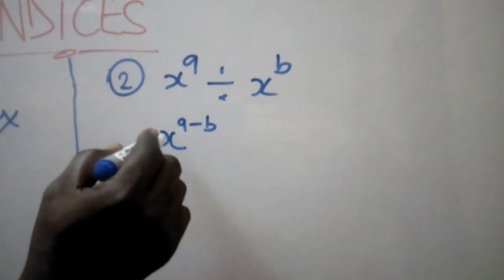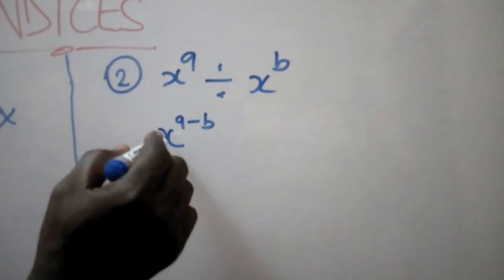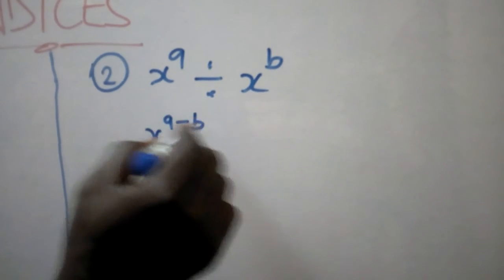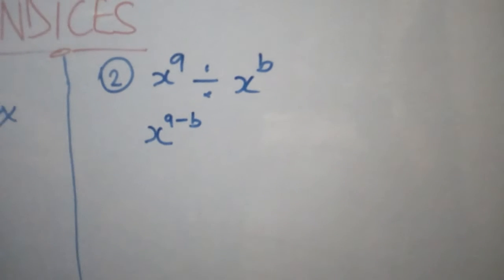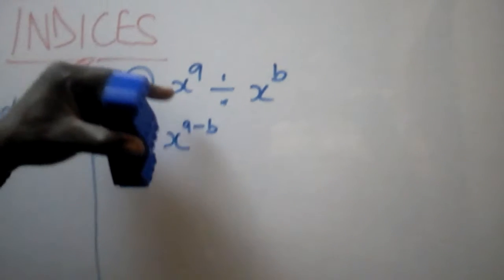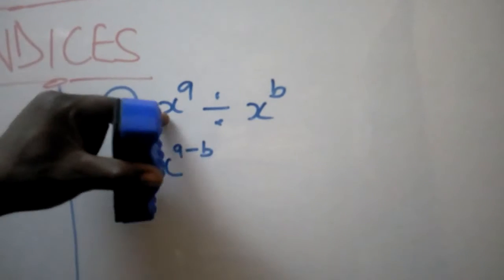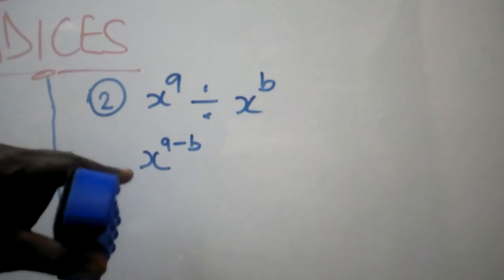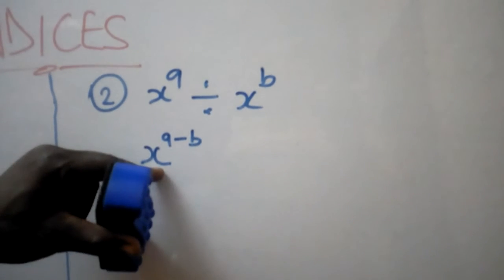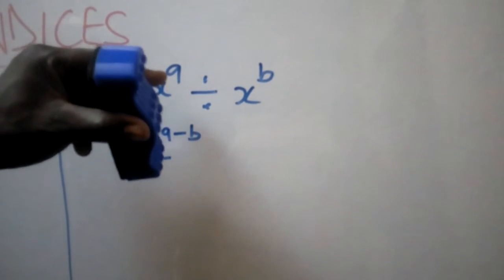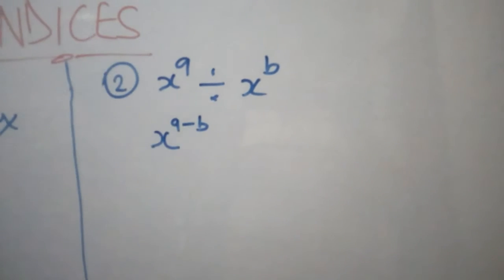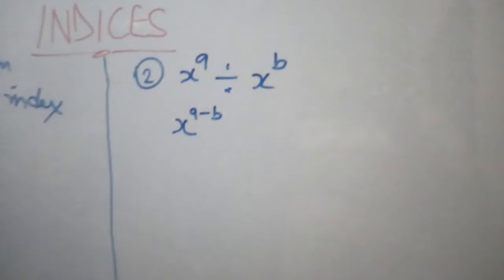So your result will be x to power a minus b. You know you have two x here, so you pick one of the bases, x, then you subtract their indices, a minus b. That will give you the answer.